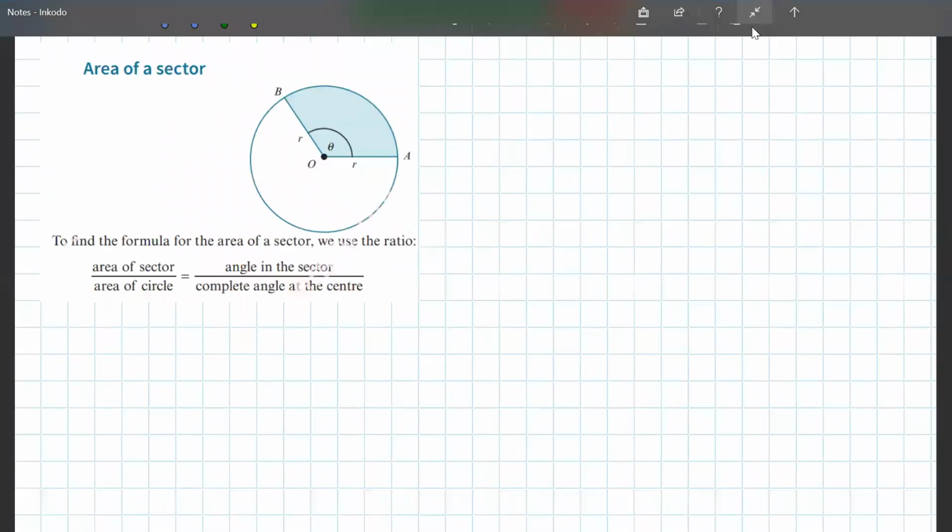This is the second part of area of a sector, and in this part of the video we will discuss the question in radian form. As you can see, to find the formula for the area of a sector we use the ratio concept.